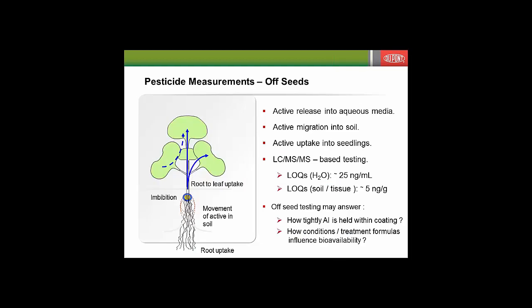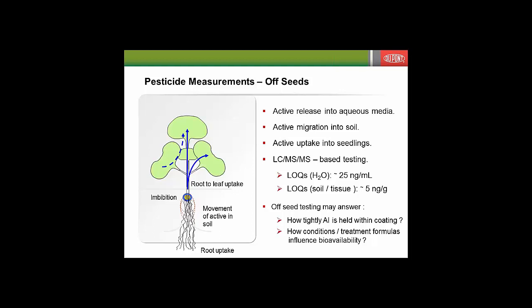There's also a lot of interest in pesticide measurements off seeds, where we might be looking at the release of pesticide into an aqueous media, monitoring its migration in the soil in and around a treated seed, monitoring its uptake into seedlings at various stages of seedling age.